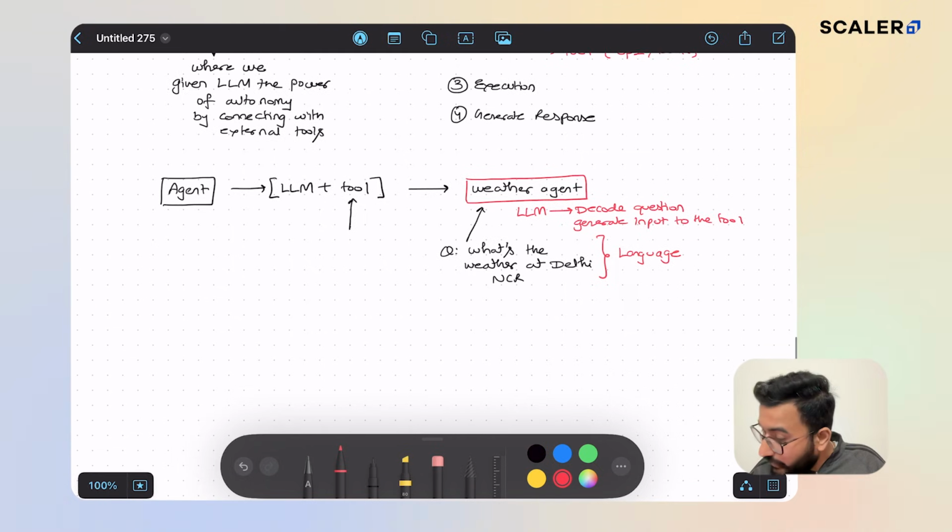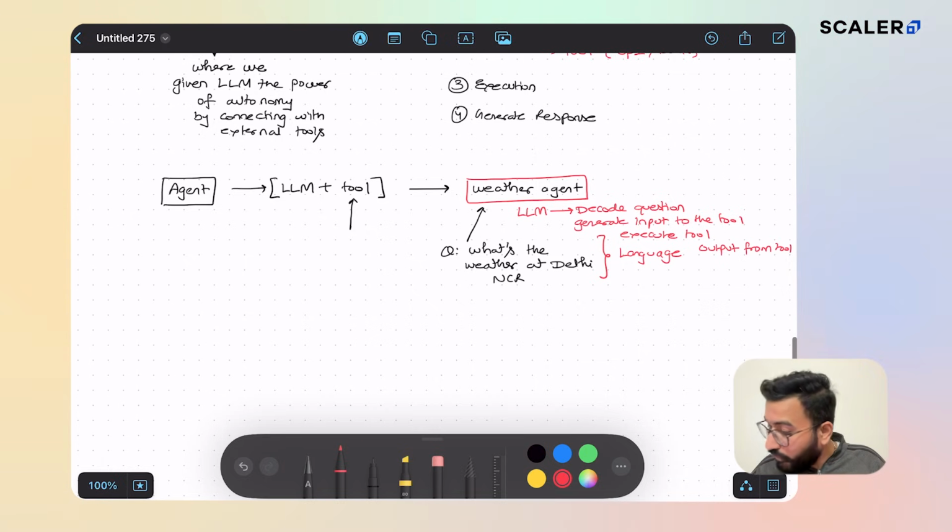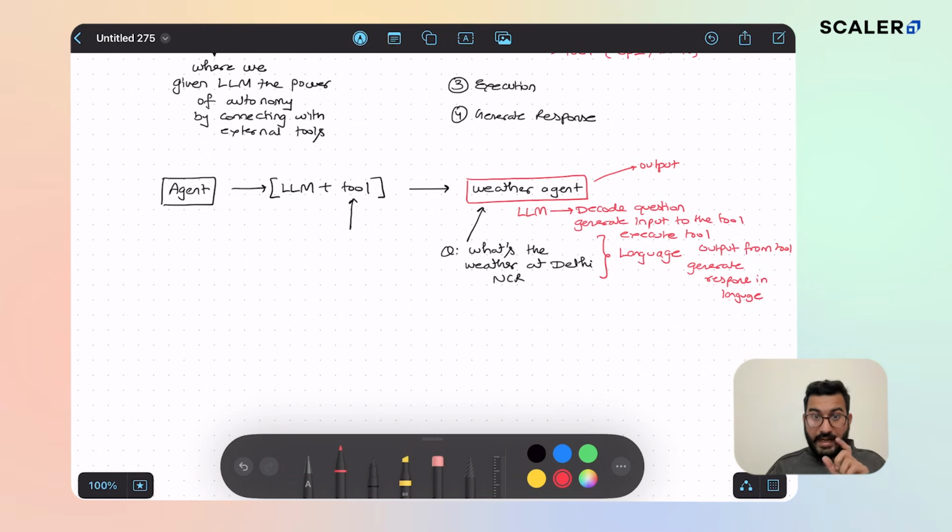Third, it will execute the tool. Fourth, it will take the output from the tool. Fifth, it will generate the response in a language. And that is what the output is. So this is what an agent is.